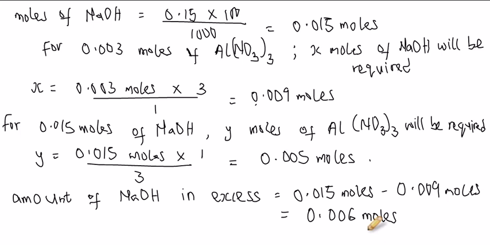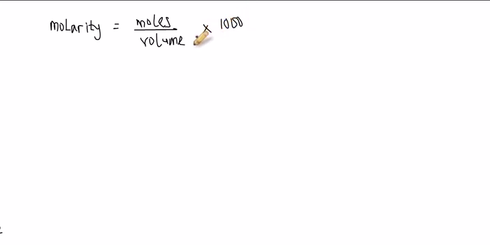That is, molarity equals moles divided by volume times 1000. Okay, let's rewrite the formula first. Molarity equals moles divided by volume, multiplied by 1000. This is if our volume is given in centimeter cube.